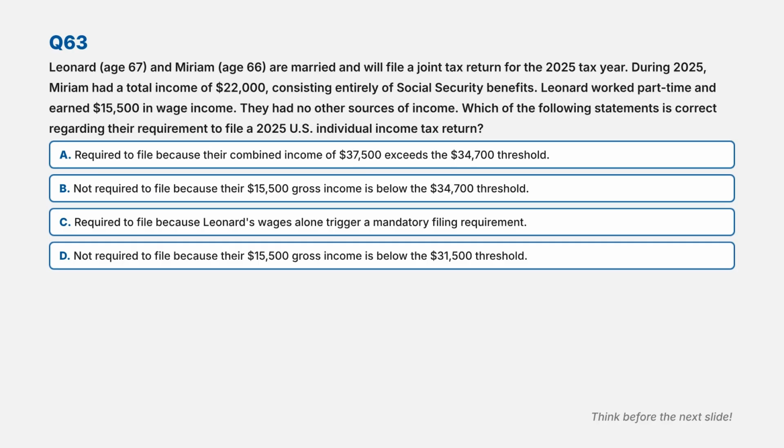B. Not required to file because their $15,500 gross income is below the $34,700 threshold. C. Required to file because Leonard's wages alone trigger a mandatory filing requirement. D. Not required to file because their $15,500 gross income is below the $31,500 threshold.